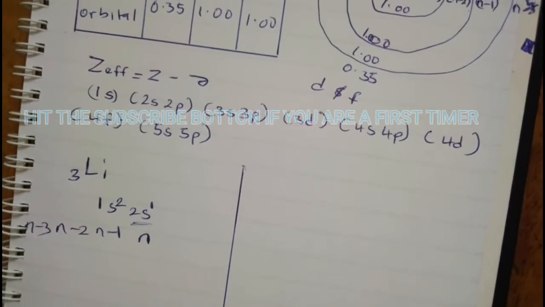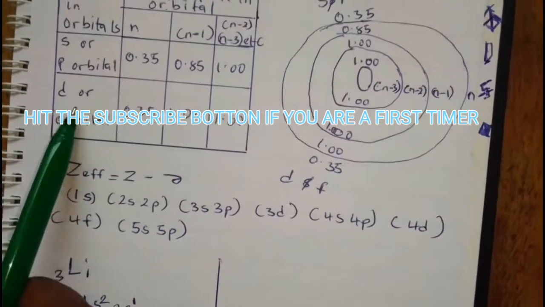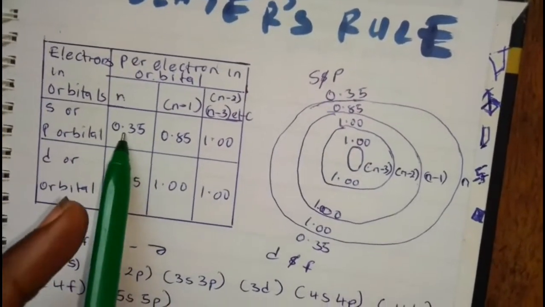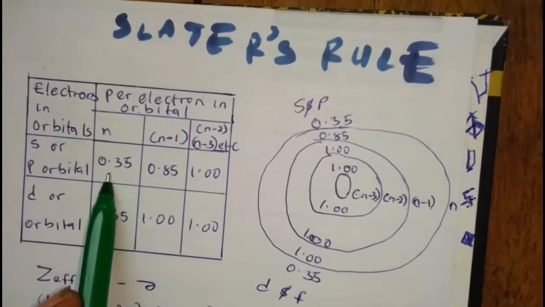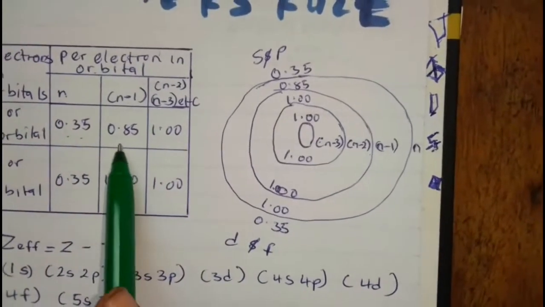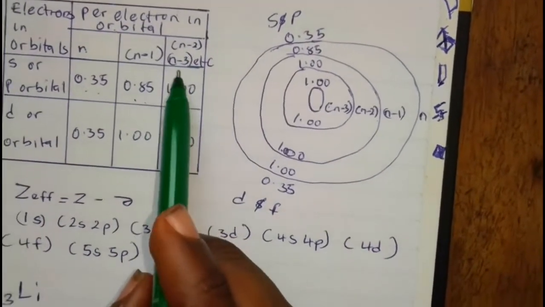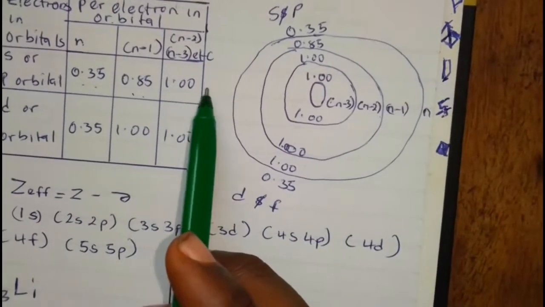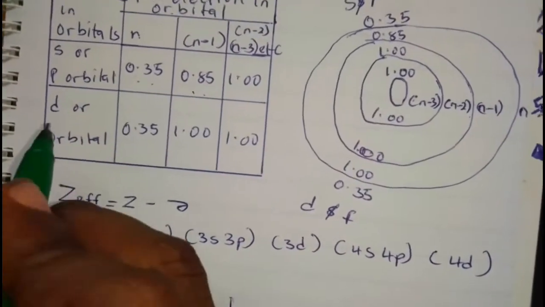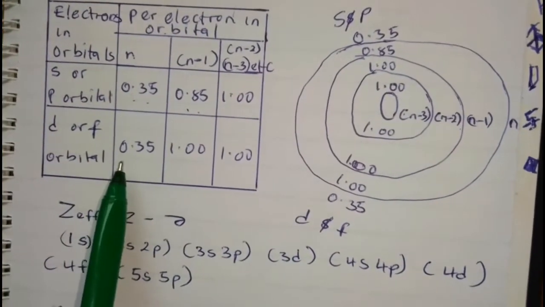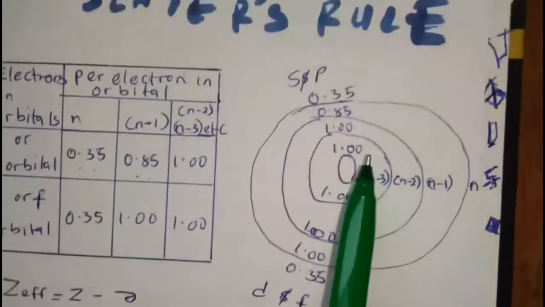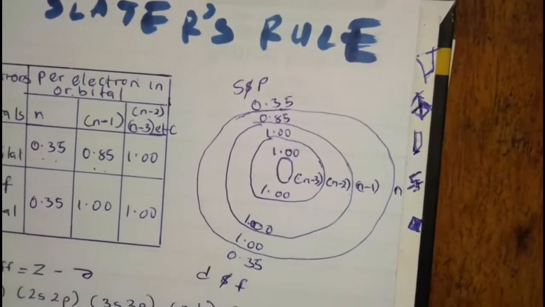If you check this table, it says electrons in s or p orbitals: the n, which is the main one, is reduced by 0.35. The one in n minus 1 is 0.85. The one in n minus 2 is 1.00. For the d or f orbitals, the n, the main shell, is reduced by 0.35, while the others are 1. This is also explained in this sphere, which I know you are familiar with.